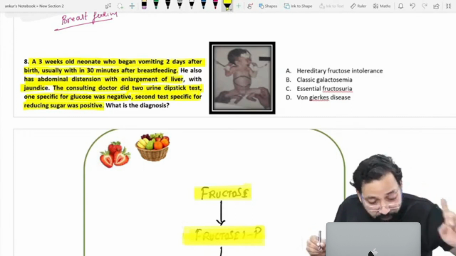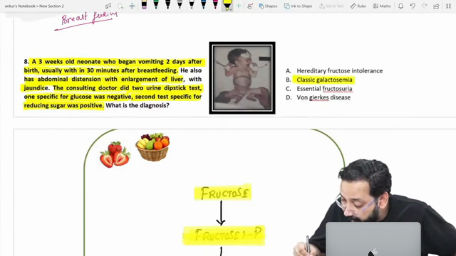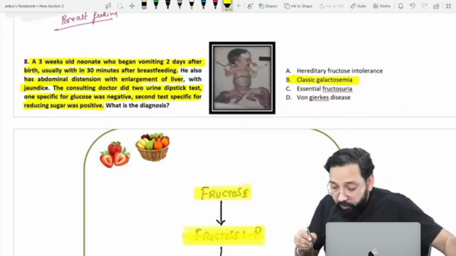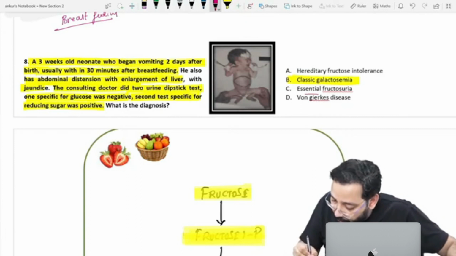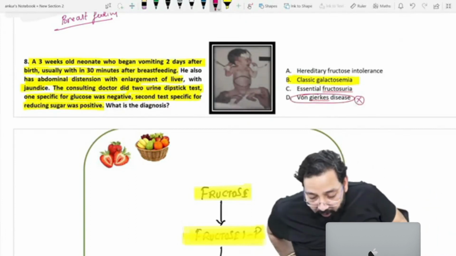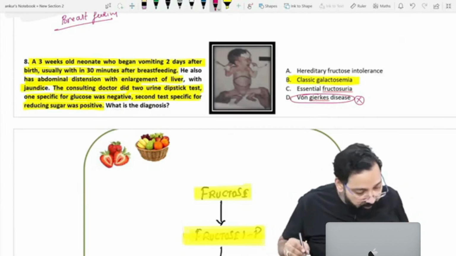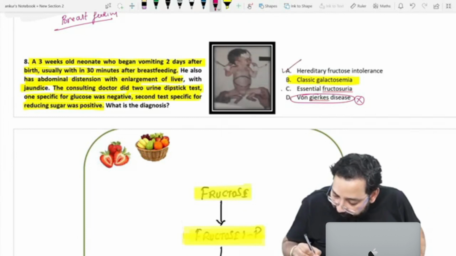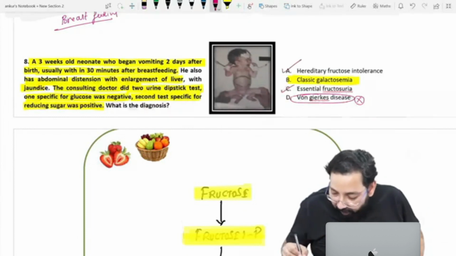Reducing sugar positive means classical galactosemia. In von Gierke's disease, urine dipstick test is not positive. What about the other options? I will discuss shortly. Answer is B.